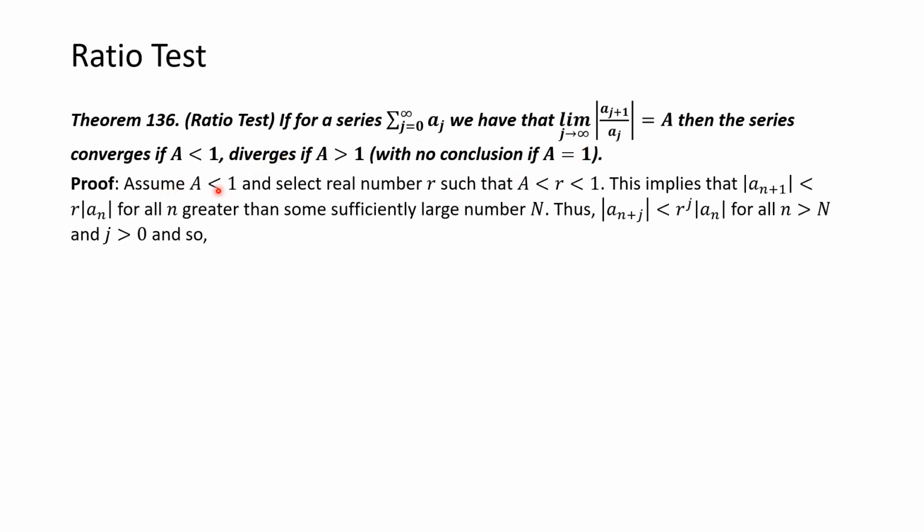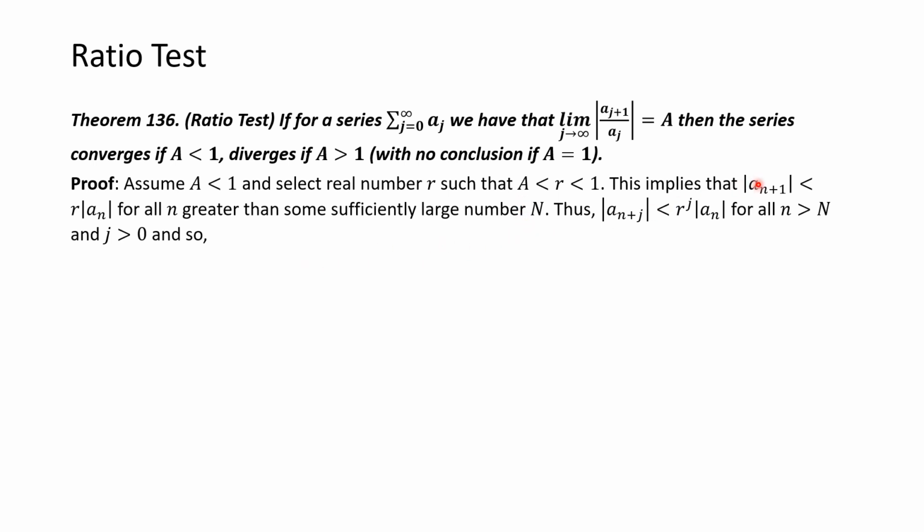So we take the case when a is less than 1, we pick a real number r that's less than 1 but bigger than a. This implies that the modulus of a sub n plus 1 is less than r times the modulus of a sub n for all n greater than some sufficiently large capital N.